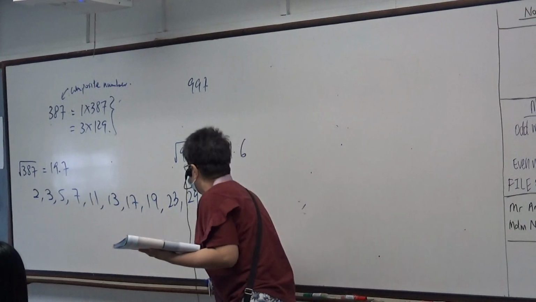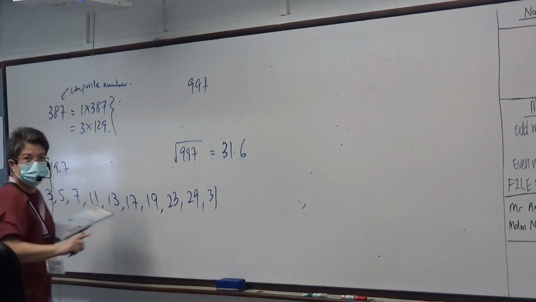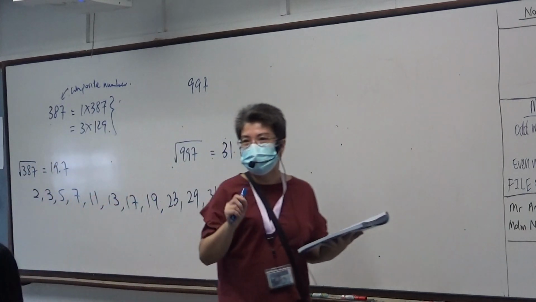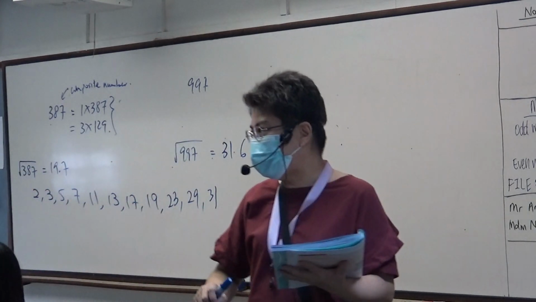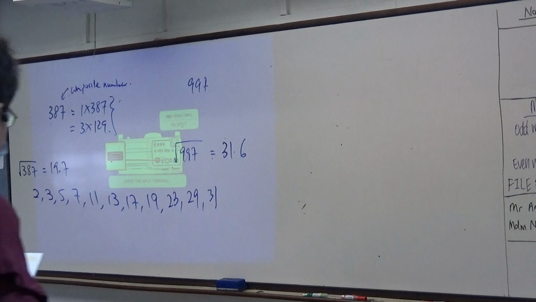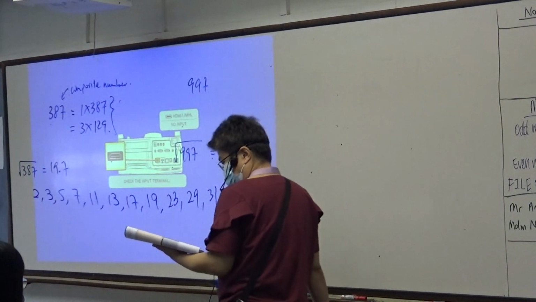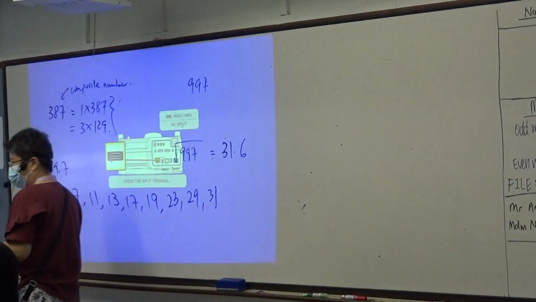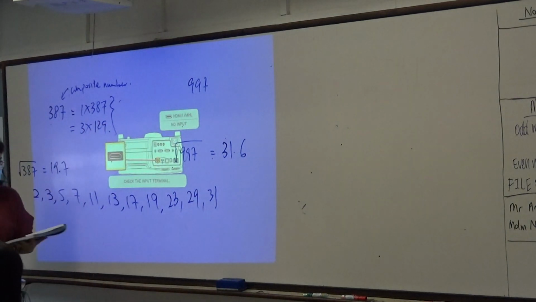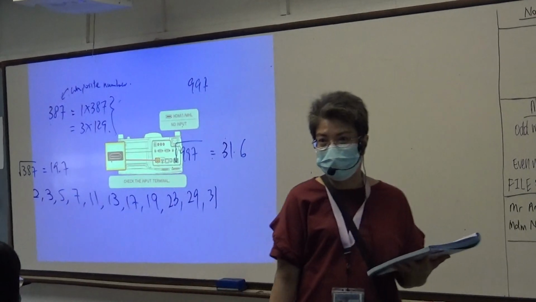I want all of you to test. You take 997 divided by all these. See, will it give you a whole number? Test every number there. Now, use a calculator. Can it be divided by all those numbers?